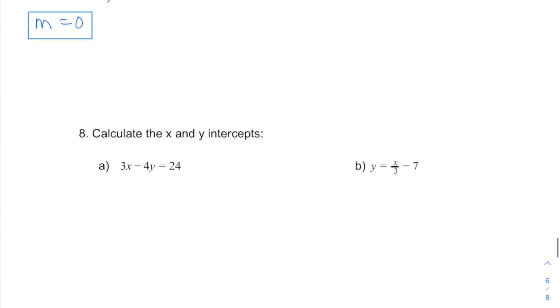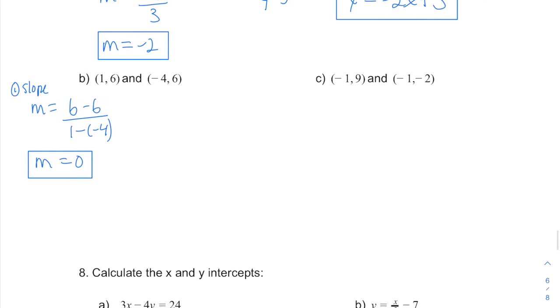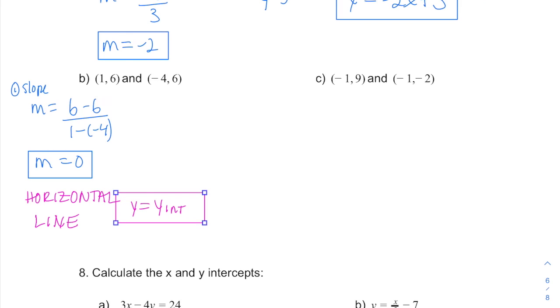Okay, so m equals 0. Well, I know that this is a horizontal line. And what did we say about equations of horizontal lines? Well, it comes in a special form, y equals y-int. Now, you might look at these 2 points and say, well, I wasn't given the y-intercept. And this is where a little sketch might help. If you were to graph these 2 points, you would get -4, 6, and 1, 6.